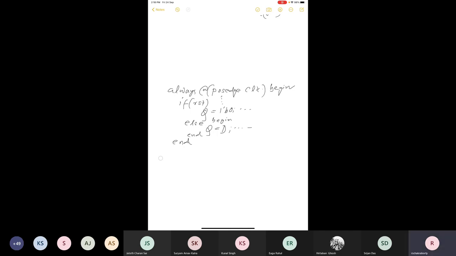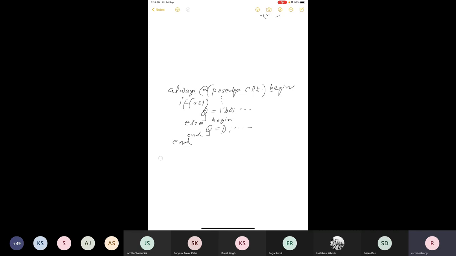Then the question of dependency comes in, and in that case whether you use blocking assignment or non-blocking assignment matters. In these cases there is only one statement inside the if clause or inside the else clause, so there's no problem, you can use both.